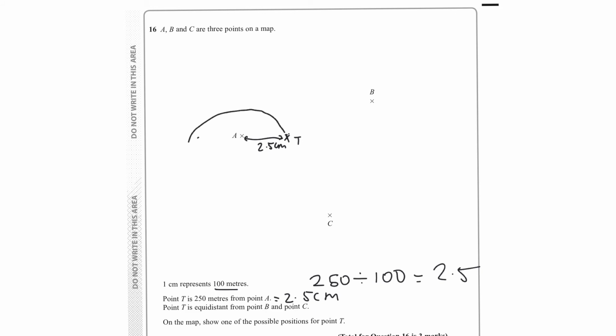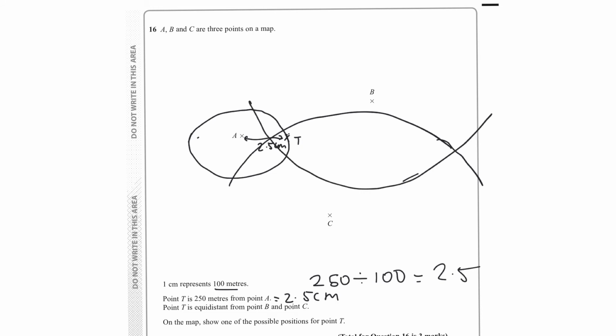So obviously this is not drawn to scale at all. So now you've drawn your nice-ish circle, and we know that the distance from B to T and T to C are both equidistant. You want to use your compass now. So that would be like that, something like that, and then the opposite way around. So you're looking at where both of those arcs cross again.